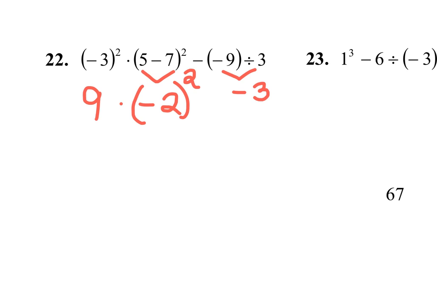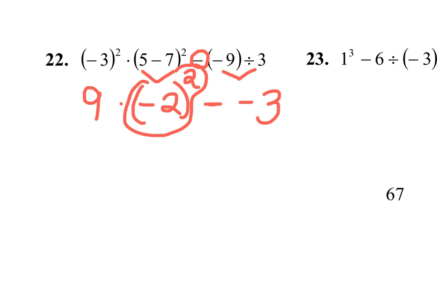But where this gets kind of messy is we still have this little negative out here. We haven't dealt with that, so we have to bring that down. So when we bring that down, we're going to have the minus, and let me write this minus 3 a little better here, larger. So now we still have that double negative, but we can't deal with that yet because we still have an exponent.